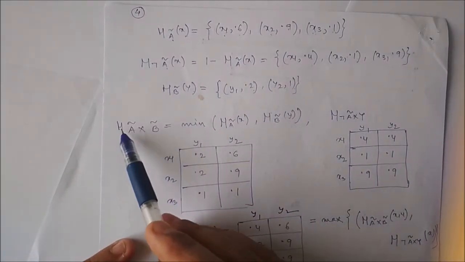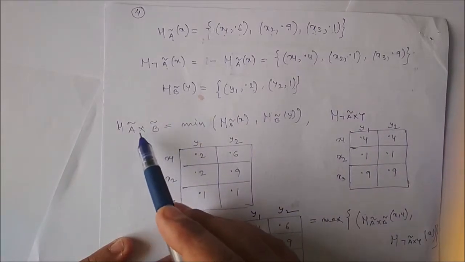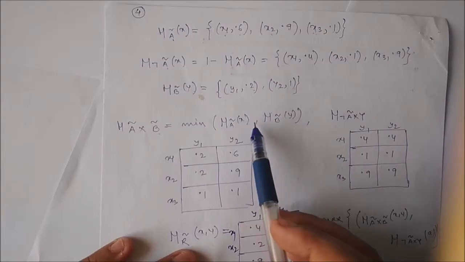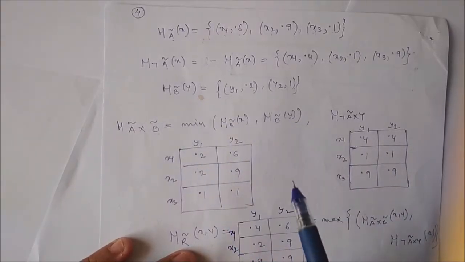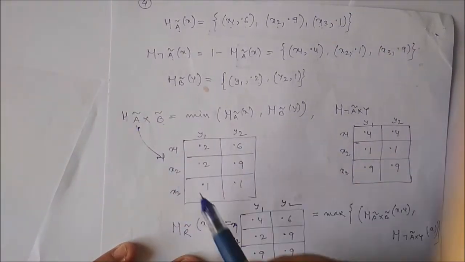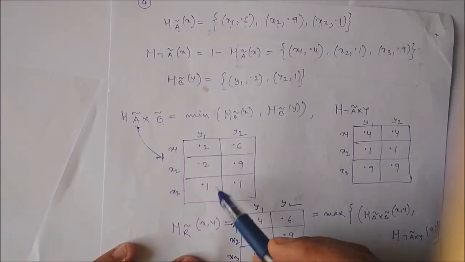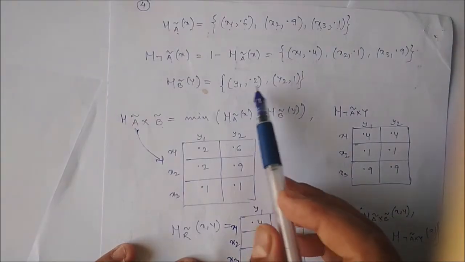First of all, we have to calculate mu A cross B. That means we compare these two and take the minimum value. We have x1, x2, x3 and y1, y2.